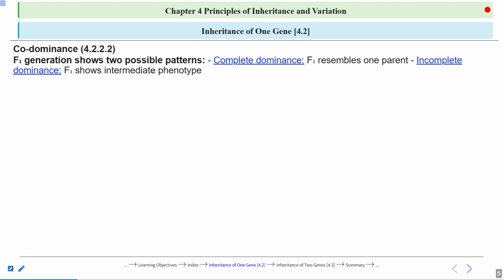The classical example of incomplete dominance was snapdragon. Scientific name of snapdragon is Antirrhinum majus. Here, if the red color flower was crossed with white color flower, then in the F1, pink color flowers were obtained. This was because of incomplete dominance. What do you mean by incomplete dominance? Where neither of the alleles is dominant over the other.